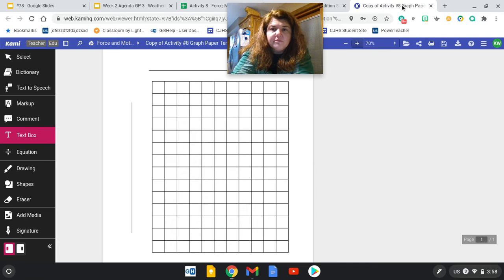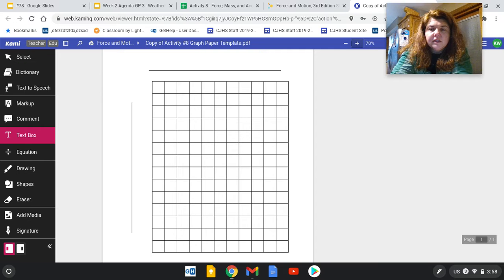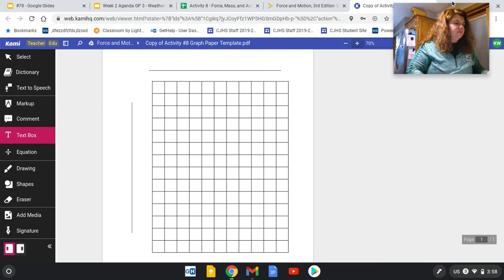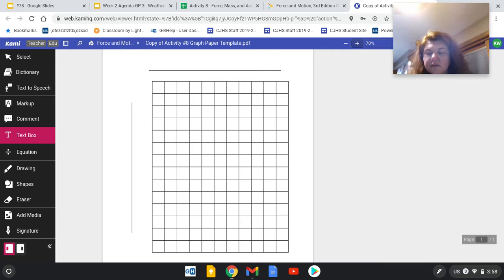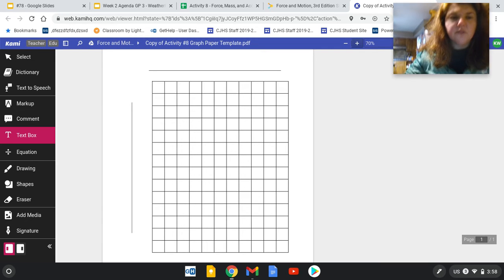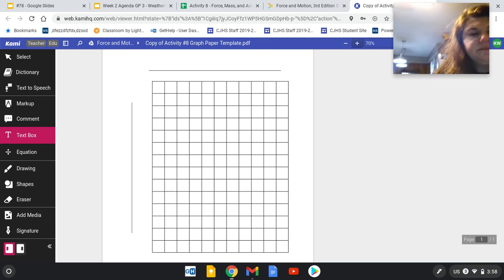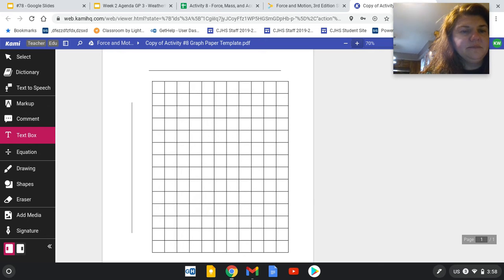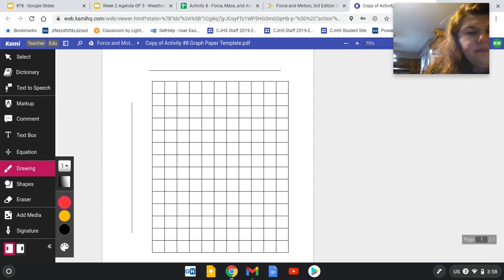So on your graph paper, go ahead and get that open. And using Kami, you can either write it on with your pen, or you can type it on in your book there, but I'm going to go ahead and title this Acceleration versus force.